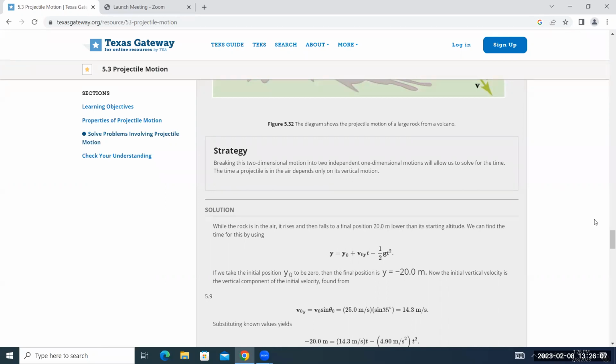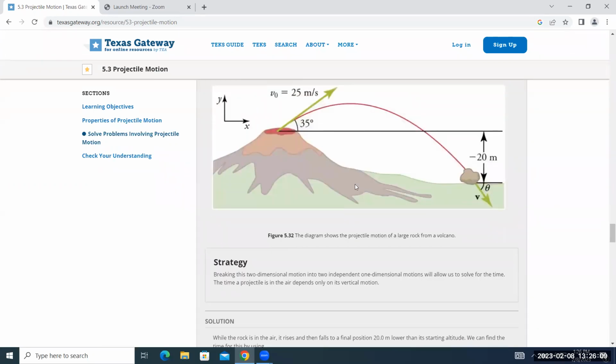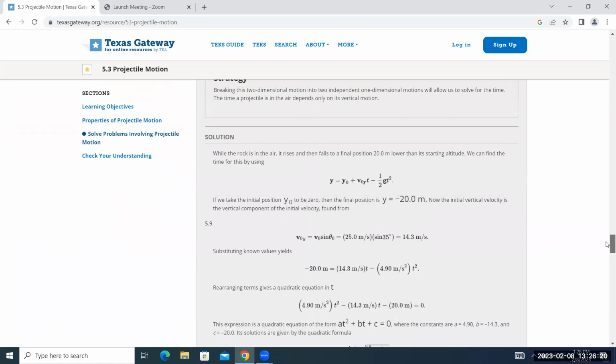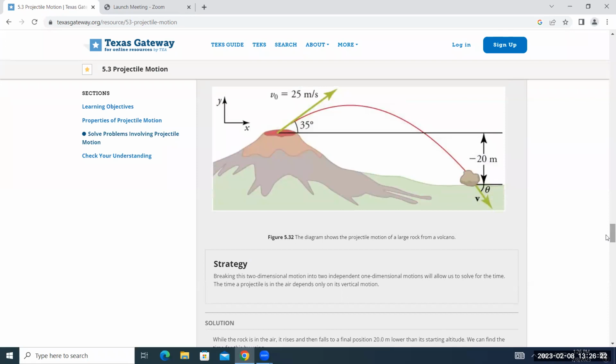So we know how long it took for the rock to go from here, follow this arc, all the way down to here. And it works out to be 3.96 seconds. Cool.